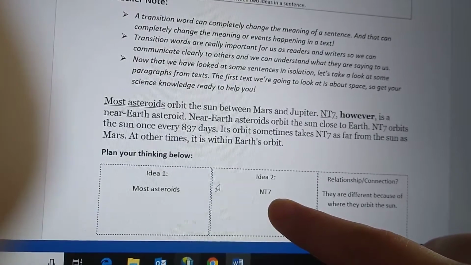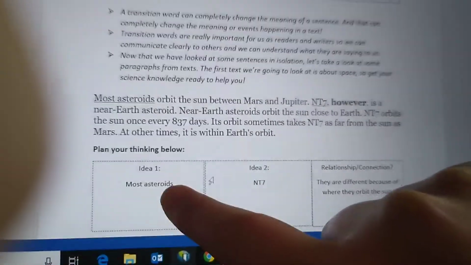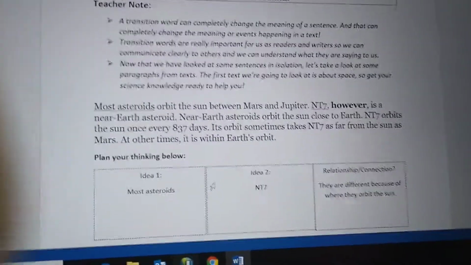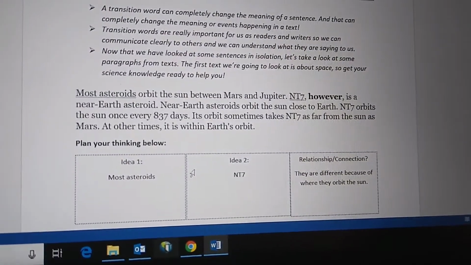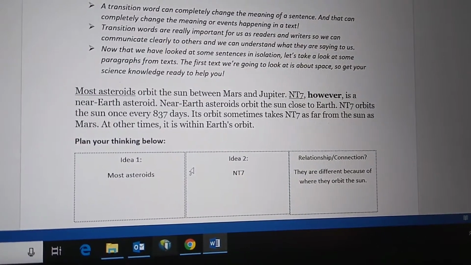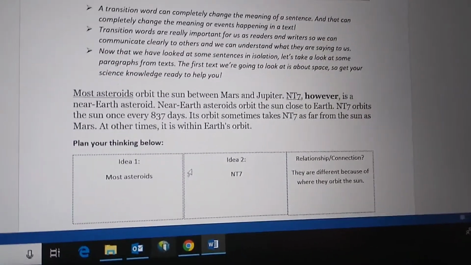So now we have to think about what's the relationship or connection between idea 1 and idea 2. So looking back in the sentences, it says, most asteroids orbit the sun between Mars and Jupiter. NT7, however, is a near-Earth asteroid.